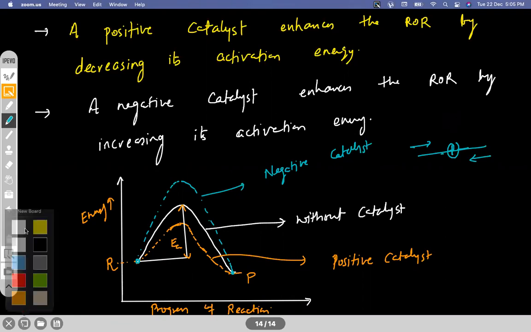Now we have two, three more examples, the application of Le Chatelier's principle. Okay, application of Le Chatelier's principle, write down. Last 2-3 things.